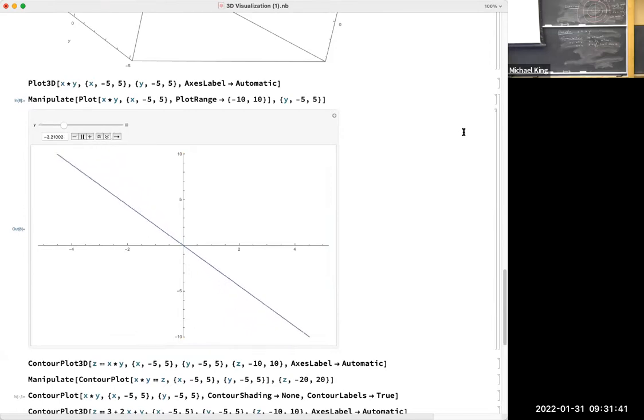So these are what the cross sections look like as the y value increases. You get negatively sloped lines, and then 0, and then positively sloped lines. Okay, it's interesting. You get those in both directions.